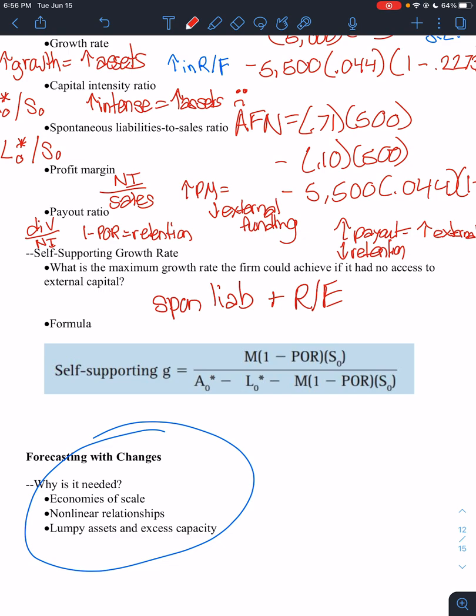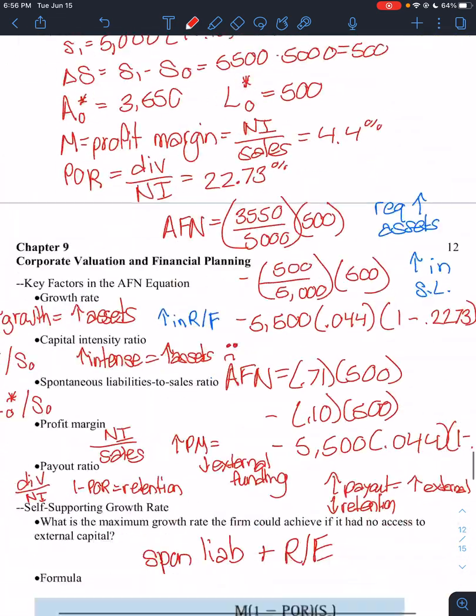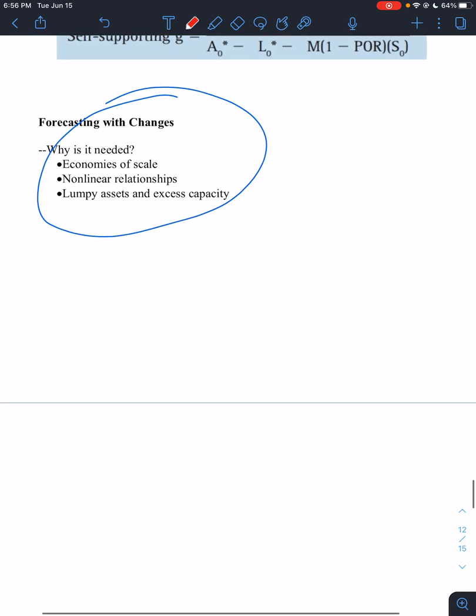The way that we get this lovely formula is this. We put the additional funds needed formula, which I'll copy down here.